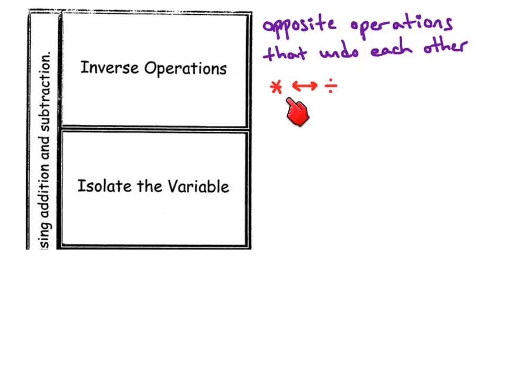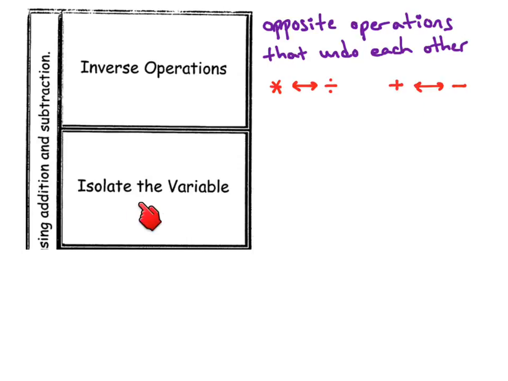Division. And similarly, the opposite of division would be multiplication. And these you could use to undo each other to solve equations. That's the key that we need to know. Same thing with addition. What is the opposite of addition? That's right, subtraction. And if you're given a subtraction problem, the opposite will be addition.